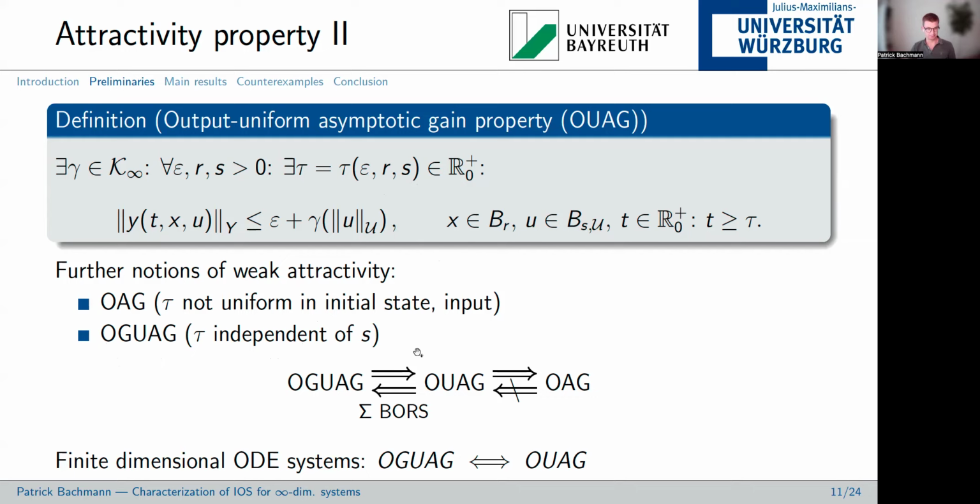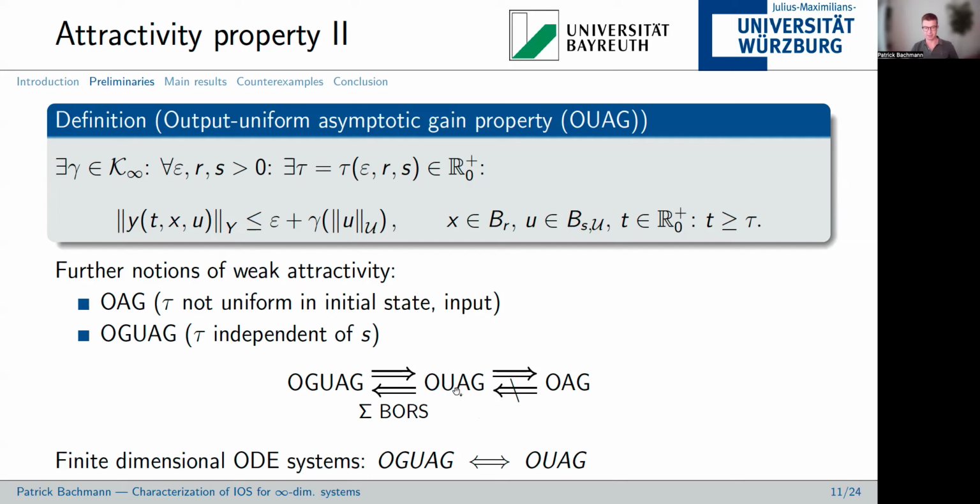However, we have the following relation. The stronger property OGUAG implies OUAG, and also the backwards direction is true as long as the system has bounded output reachability sets.